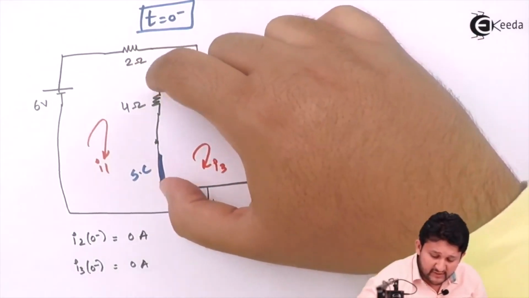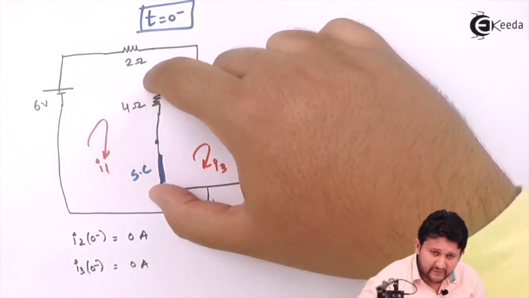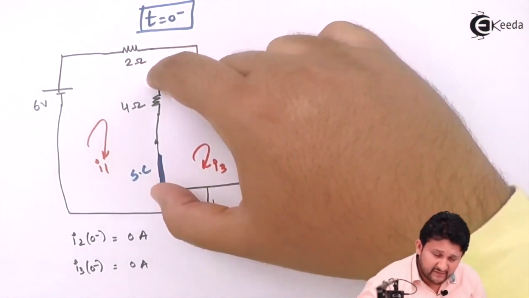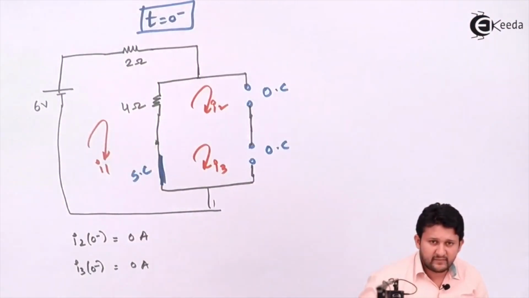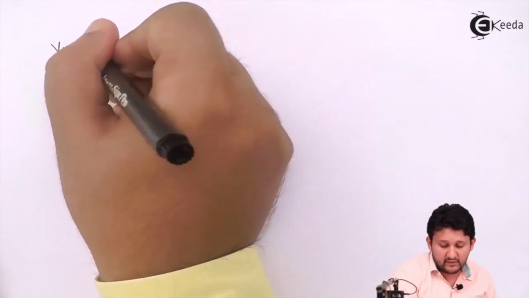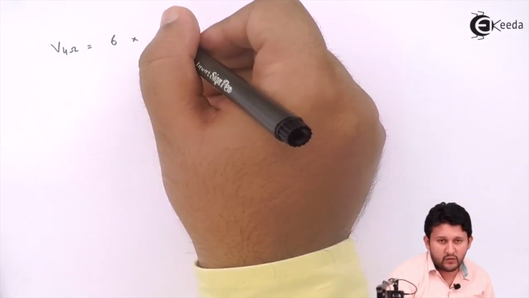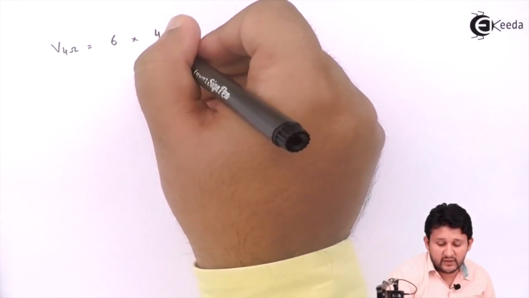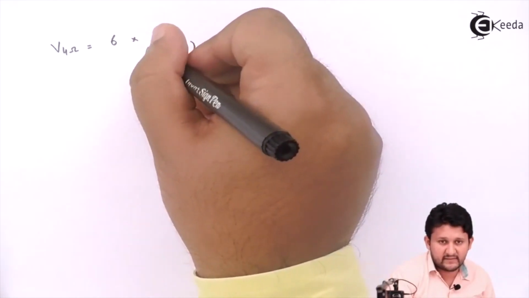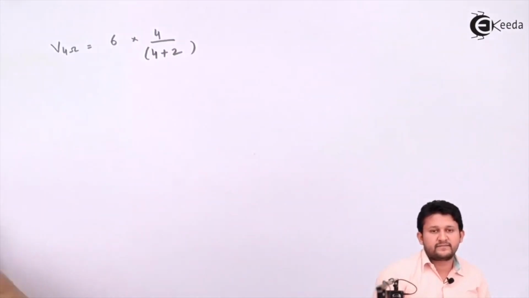So let's find the voltage across 4 ohms. If I get the voltage across 4 ohms, I'll get the total voltage across both the capacitors, right? What is the voltage divider formula? Voltage across 4 ohms is equal to the total voltage, that is 6 volts, into 4 ohms upon the addition of all the resistances, 4 ohms plus 2 ohms.